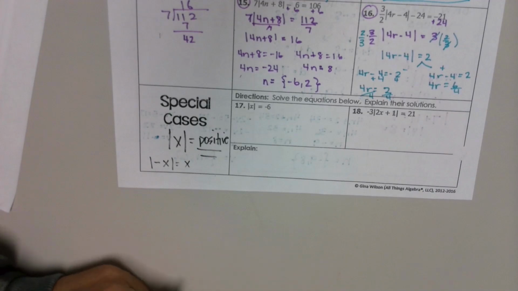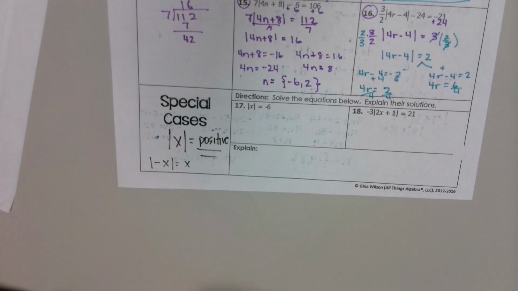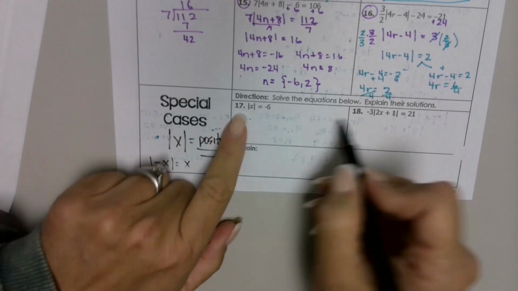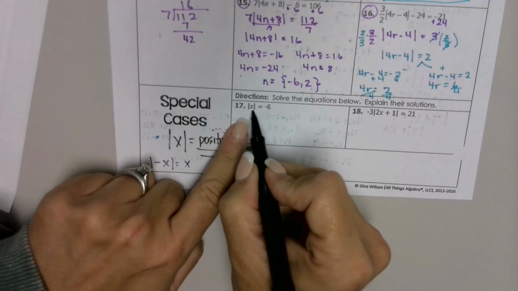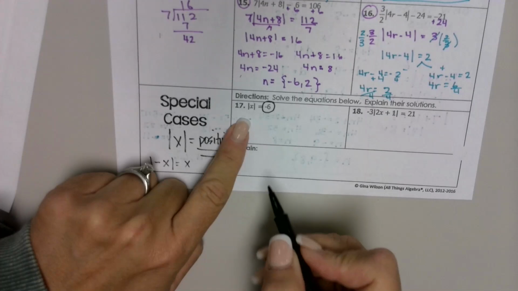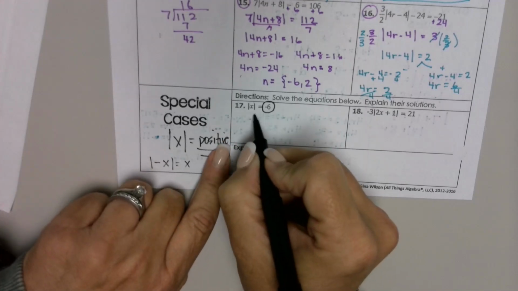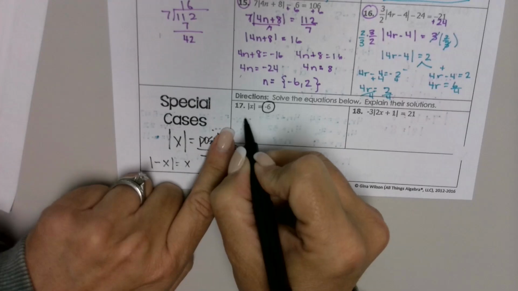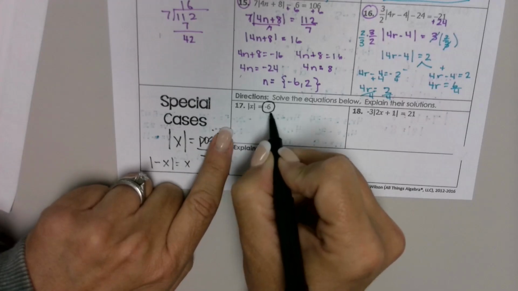So what we have here with these couple of special case problems is, this is saying, solve the equation below. So here I have the absolute value of x equals negative 6. Well, I can't break this out, and I can't say that there's some number on the inside that's going to be negative 6.